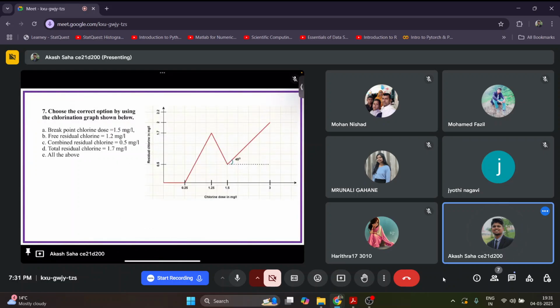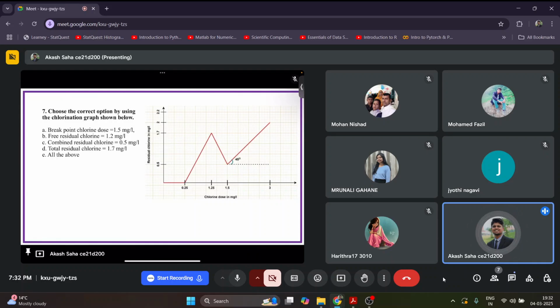Next, you have to choose the correct option by using the chlorination graph shown below. We have a graph between the dosage of chlorine in milligram per liter versus the residual chlorine in milligram per liter. So this is nothing but the breakpoint chlorination curve, right?